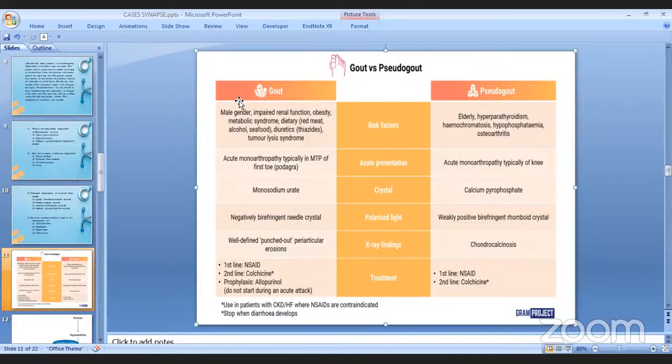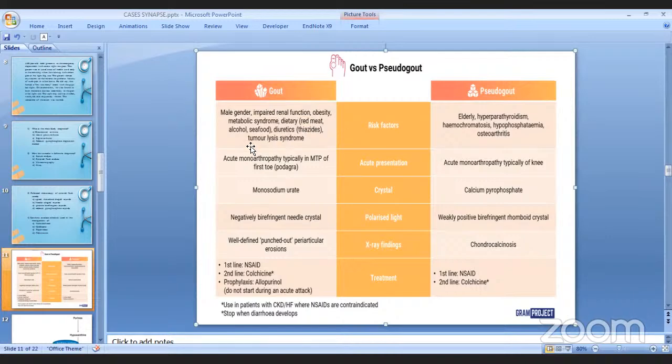Gout से की conditions में होना सकता था, especially it occurs in the male gender, as our case over here. Impaired renal function में होना सकता, because obviously our kidney is supposed to throw all the waste products है ना? Waste products throw गर्नुपर्छ, so uric acid चाहिँ when the kidney is not being able to throw त्यति बेला पनि gout हुने भयो.